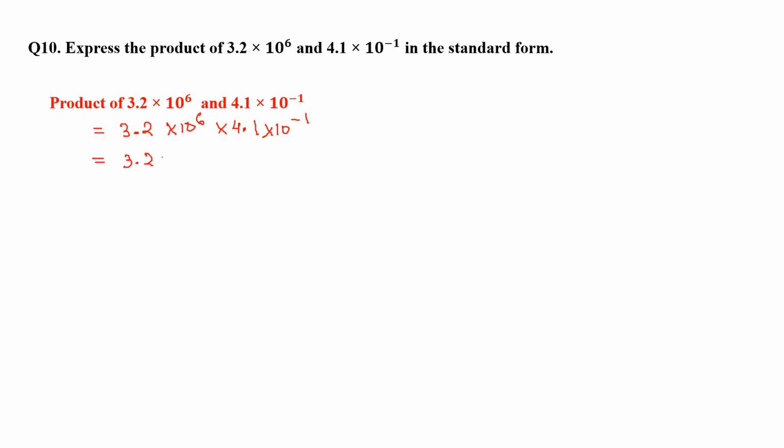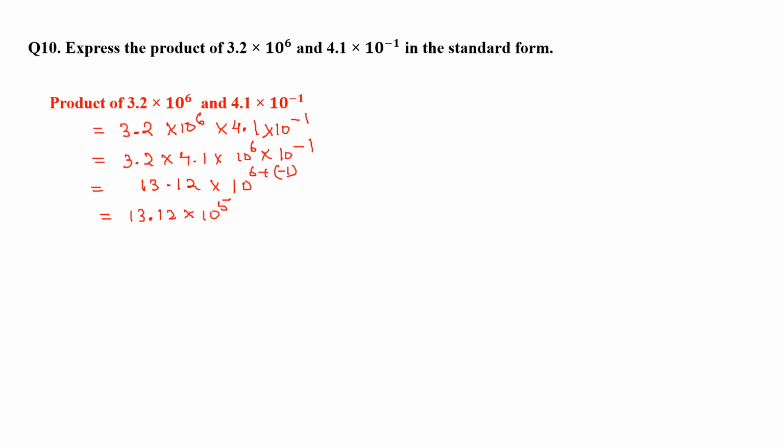So 3.2 into 4.1 into 10 to the power 6 into 10 to the power minus 1. If I multiply 3.2 and 4.1, I will get 13.12. And here, as you can see, the base is the same, so add the powers. 6 plus minus 1 gives you 13.12 into 10 to the power 5.